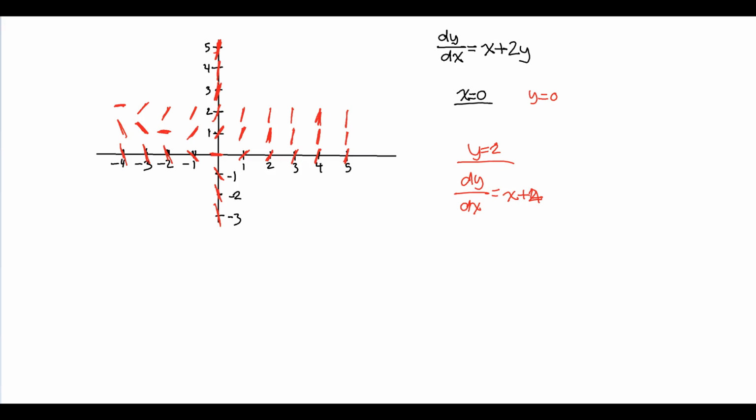Now for y equals -1, you have dy/dx equals x minus 2, since 2 times -1 is -2. If you have x equals 1, this will be -1. This will be 0, 1, 2, 3. And this will start to have much more decreasing slopes.